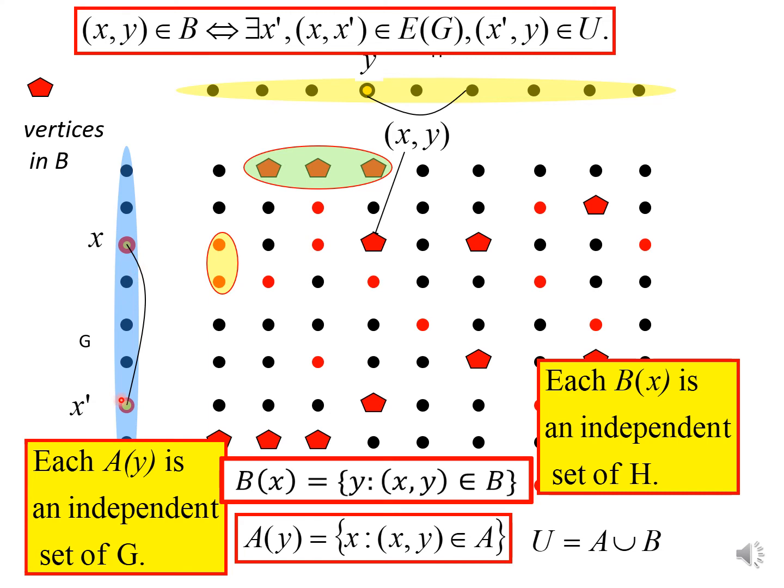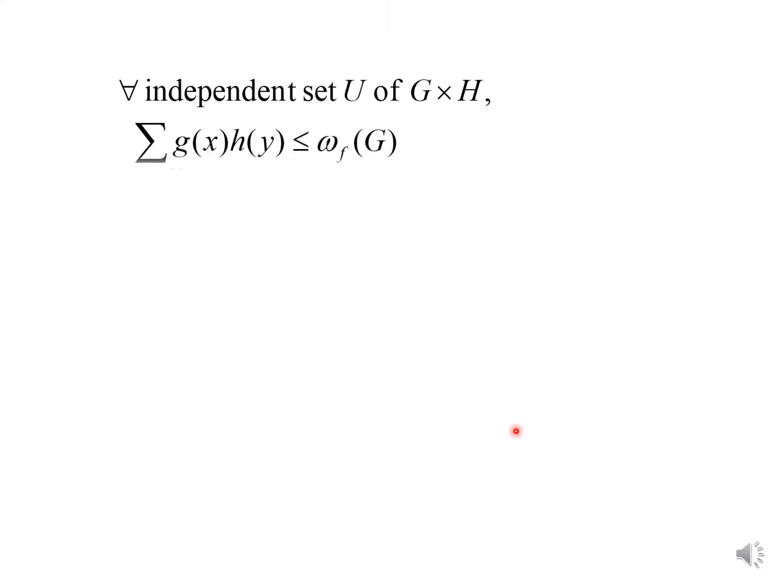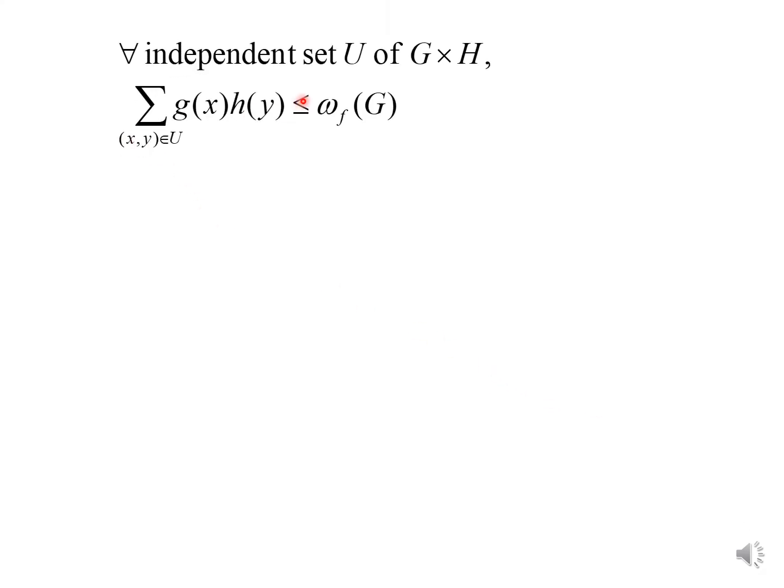That's the reason I put this vertex into B. Then you look at the product of this edge and this edge. You should have this edge here. But this is a contradiction because both vertices are in U, which is an independent set. This edge is in the product graph, but U is an independent set in the product graph. So that's a contradiction. So this proves that B_x is an independent set of H.